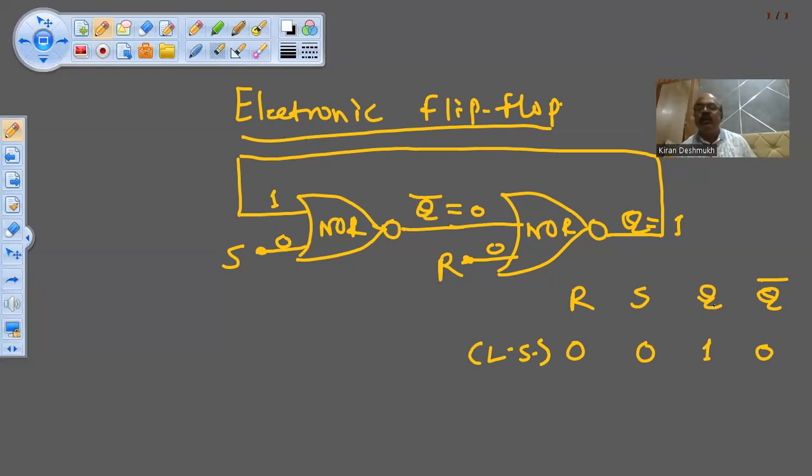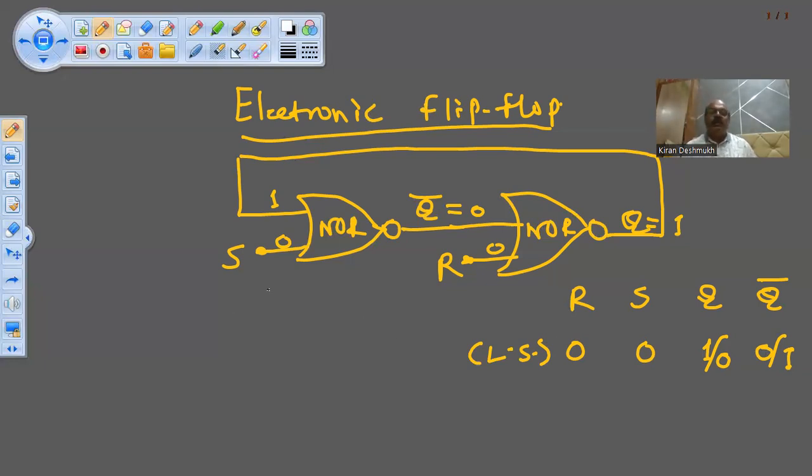Alternatively I can also write it as 0 and this will be 1. So this is the last state. Either it will be 1 or it will be 0. Q bar is the complement of Q. If Q is 1, Q bar will be 0. If Q is 0, Q bar will be 1.